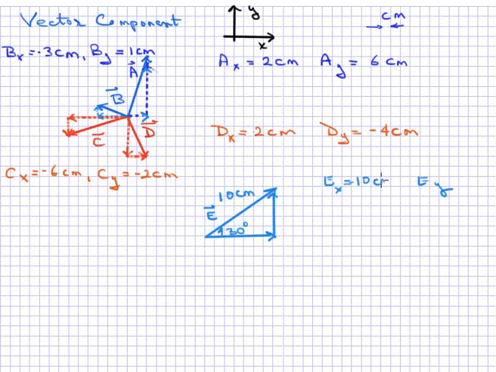10 centimeters times the cosine of 30 degrees. We can look that up. Use the calculator to look that up. And E sub y is going to be 10 centimeters times the sine of 30 degrees.